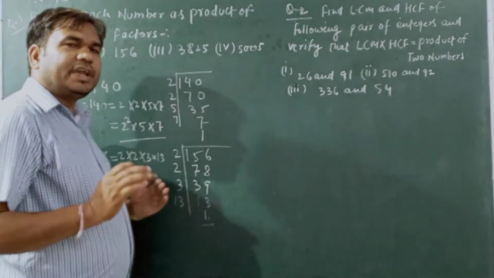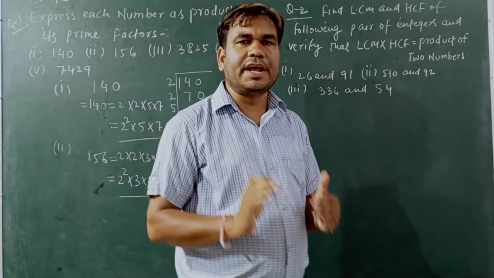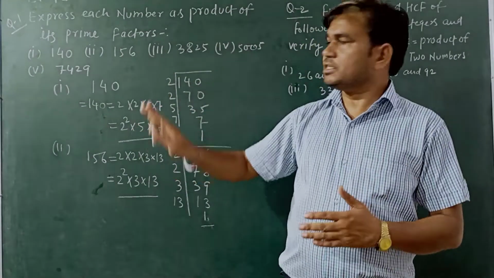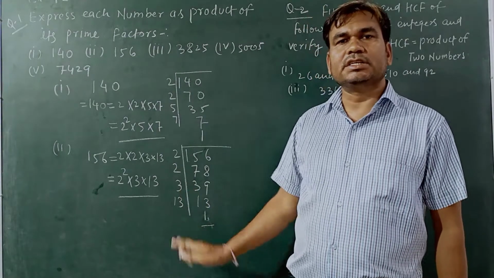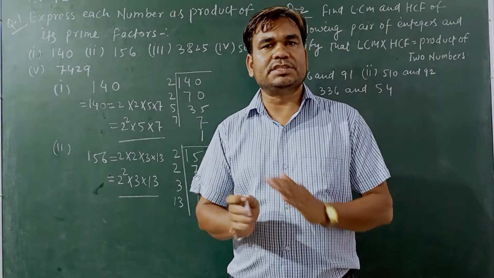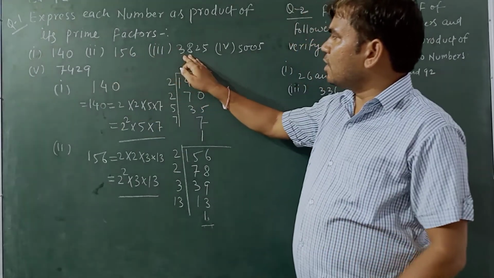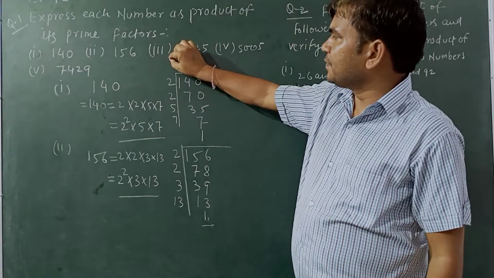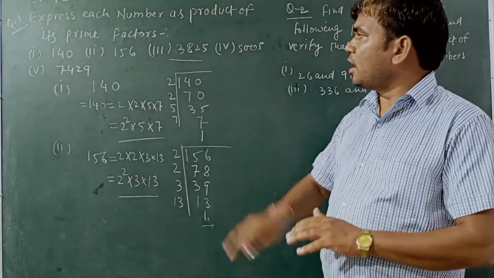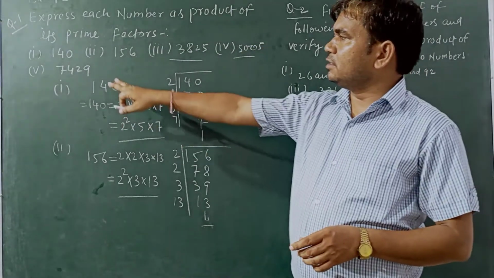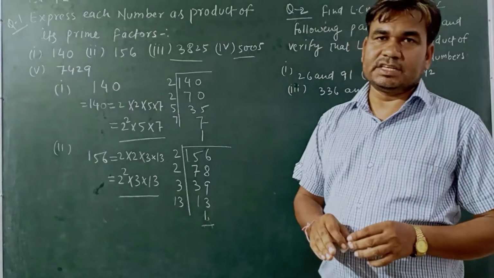So this is the way of finding out any number's prime factors. This is the prime factorization method, students. In the same way we find out the factors of 3825, 5005 and 7429, students.